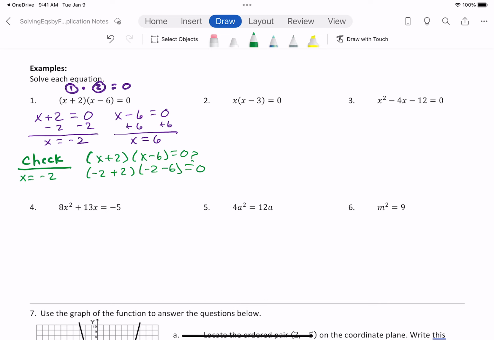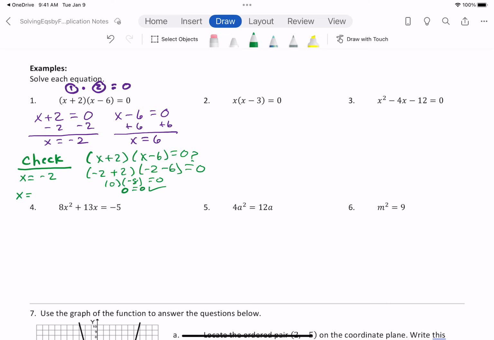So negative 2 plus 2 gives me 0. Negative 2 minus 6 is negative 8. And 0 times negative 8 is 0. And the equation 0 equals 0 is true. So that means that x equals negative 2 does work as a solution.